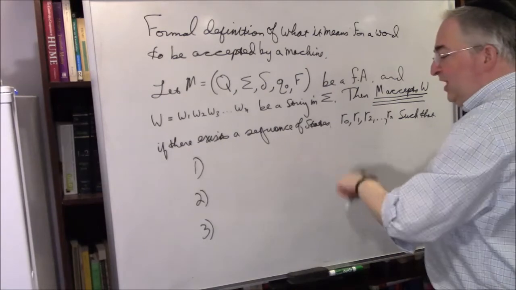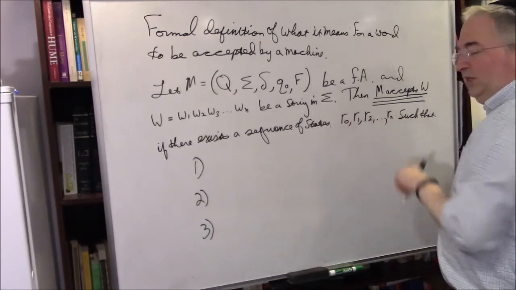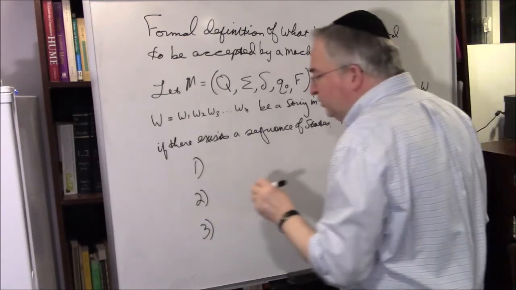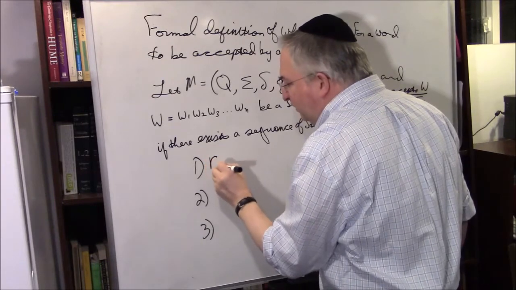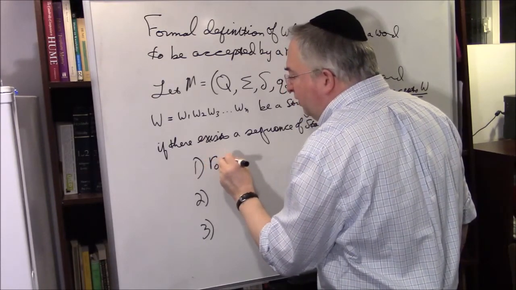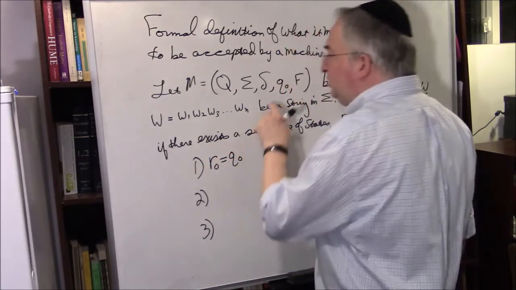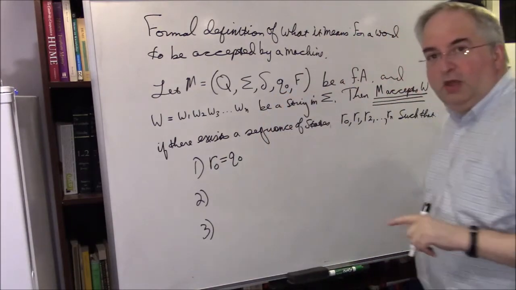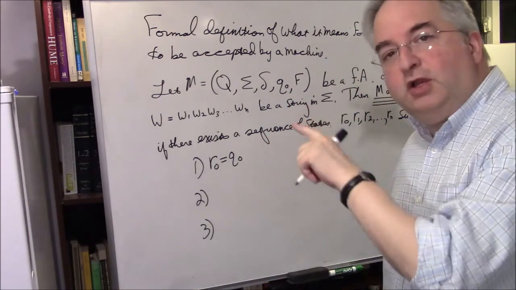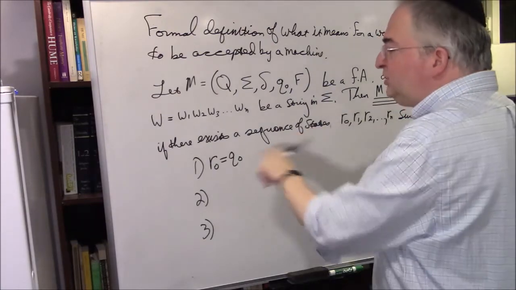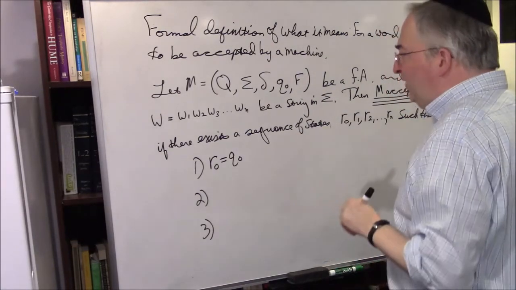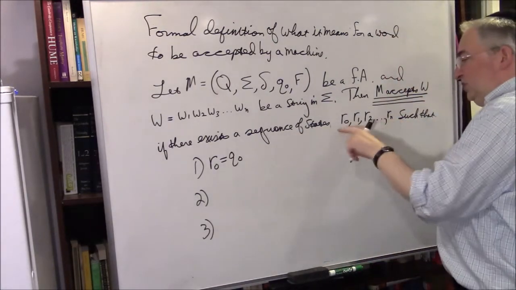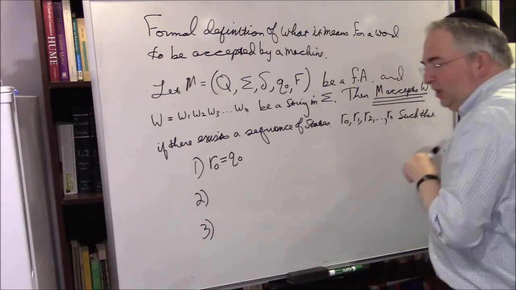Every state I was pointing to would be one of these. Okay, so first, where does my state start? Answer, R0 equals Q0. What's Q0? It's the starting state. So my finger always started pointing at the starting state. Finally, when I was finished with my states, where was I?